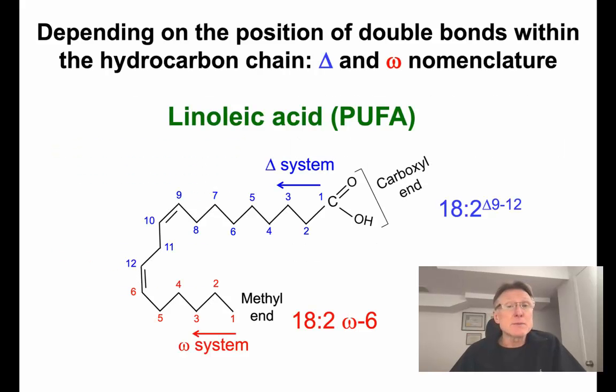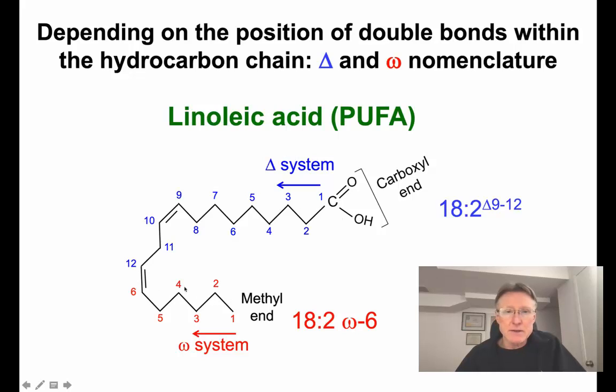Now, depending on the position of double bonds within the hydrocarbon chain, we can name them using 2 different systems. One is the delta in blue, and the other one is the omega in red. So let's take a PUFA here as an example, linoleic acid. And we have the structure of the fatty acid here.